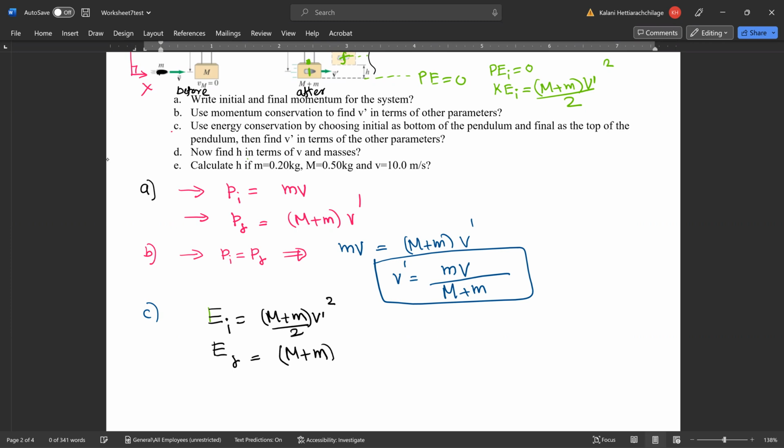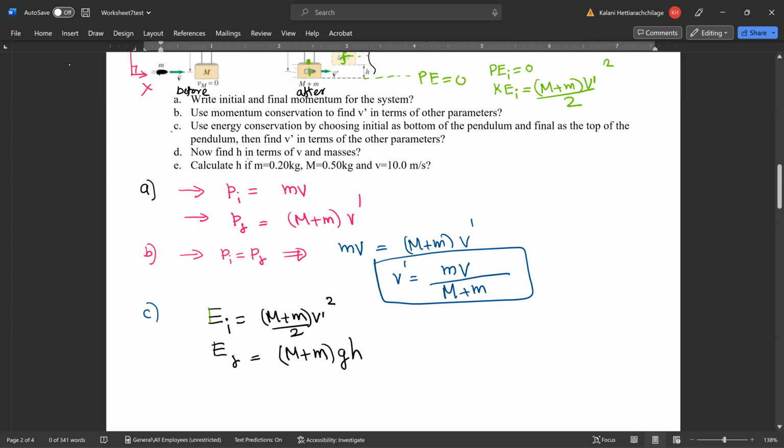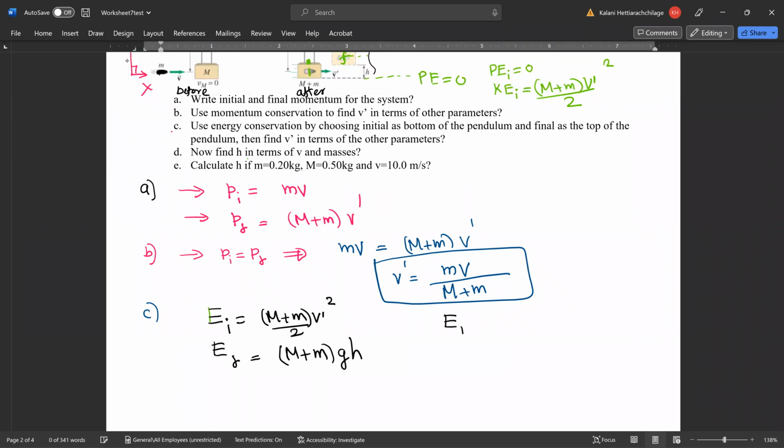Potential energy is M plus M g h, and kinetic energy was 0 because that's the maximum height. So now by using energy conservation, we will be able to write E initial equals E final, right? So that means M plus M V prime squared divided by 2 is equal to M plus M g h.